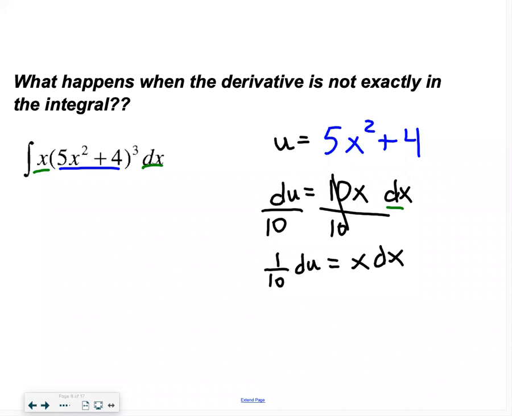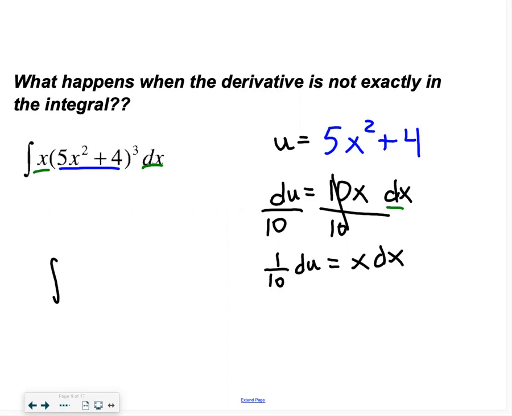Okay, so if I rewrite this, this is where you have to reorganize things, because if I rewrote this, I would be writing it like u 1/10 du, but you don't want to write it like this. You want to write your constant out front. You can reorganize it whatever way you want.